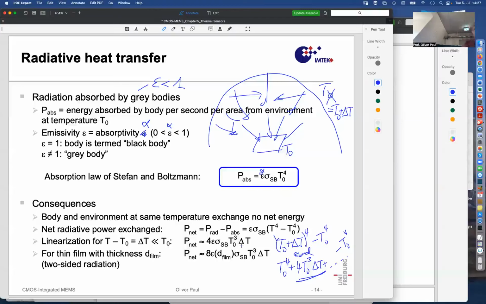That is then fortunately computable, thanks to the linearization. So this is a linearization, and the factor 4 in front of the Stefan Boltzmann term is what remains of the T to the fourth.